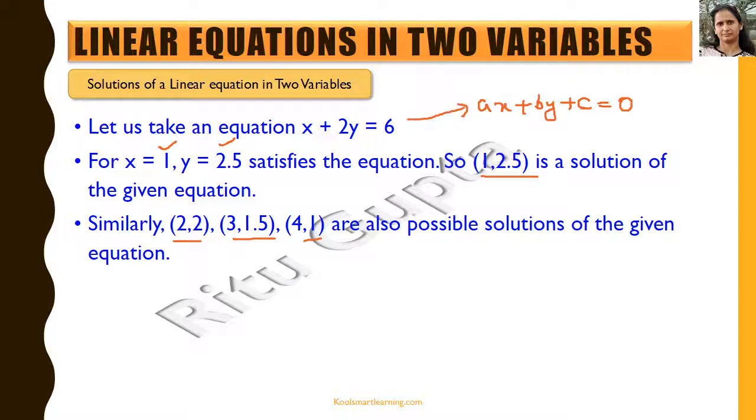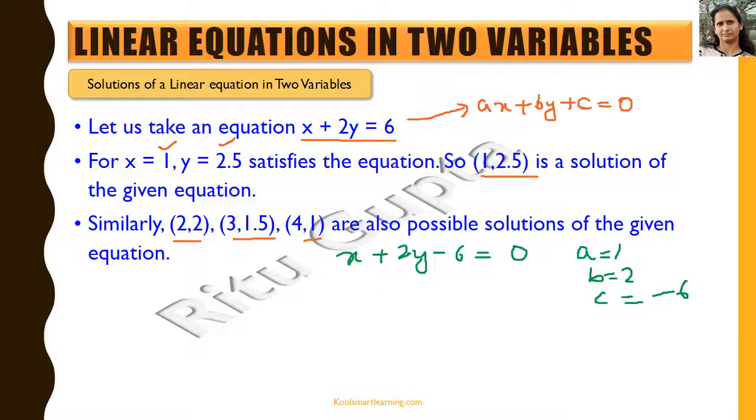So let's see, if we have this equation x plus 2y equal to 6 and we want to write it in the format ax plus by plus c equal to 0, we can write it as x plus 2y minus 6 equal to 0, and here we could say that a is equal to 1, b is equal to 2 and c is equal to minus 6.